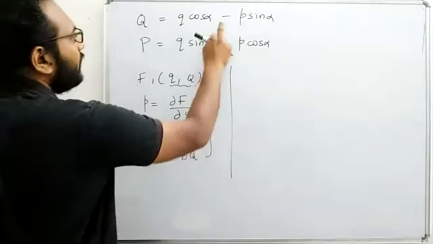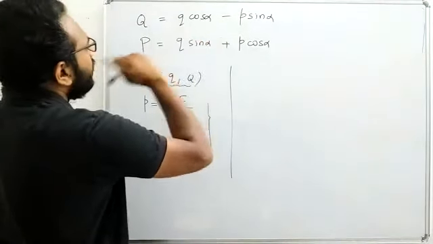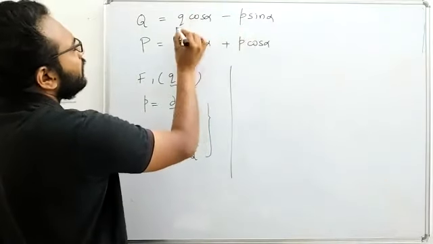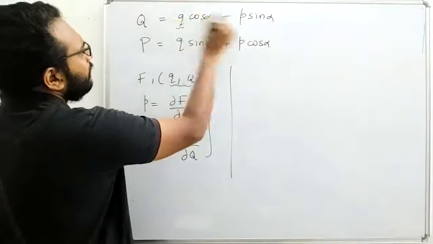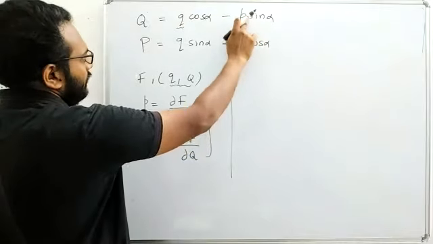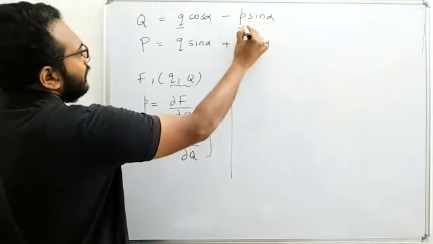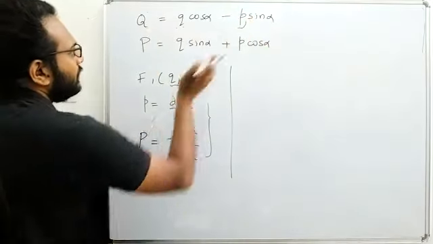Now from here you see that we need to solve for p first. This equation already gives you Q as a function of capital Q and small p, but we need to give small p as a function of small q and capital Q. You just have to write it.